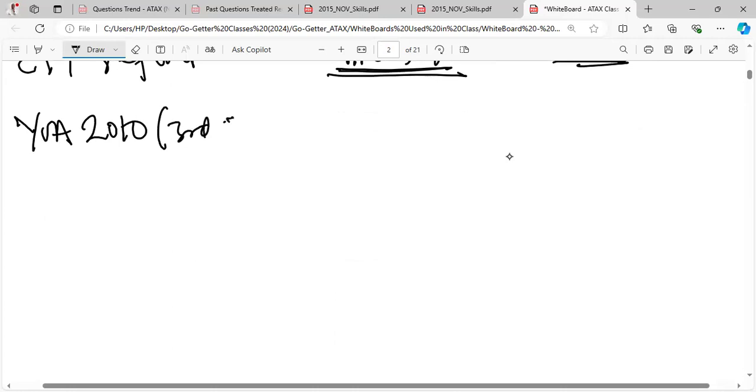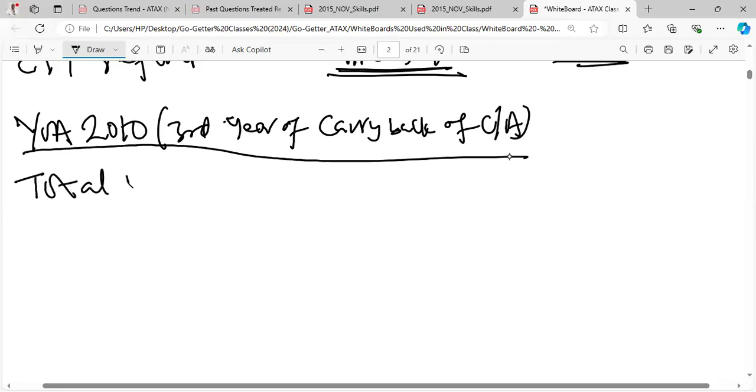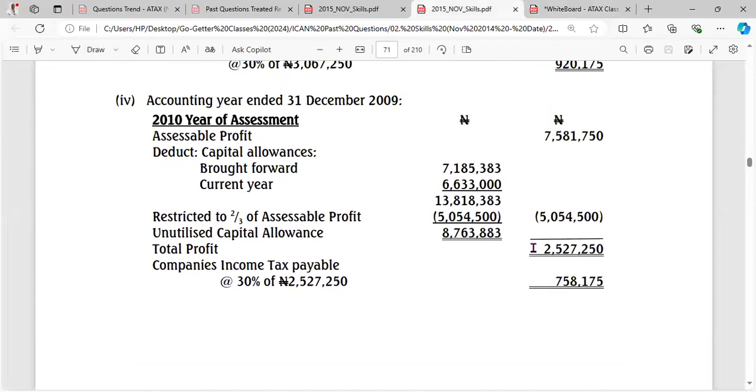Third year of carry back of capital allowance. You have your total profit. For 2010, what's the total profit? You're going backward again. The total profit happens to be 2,527,250.